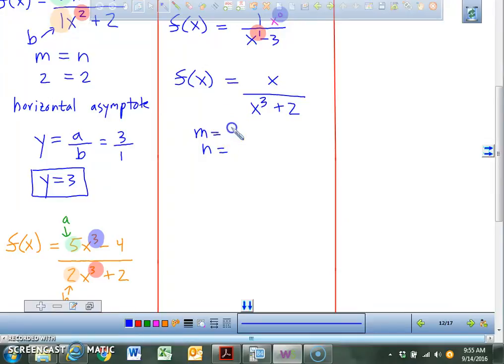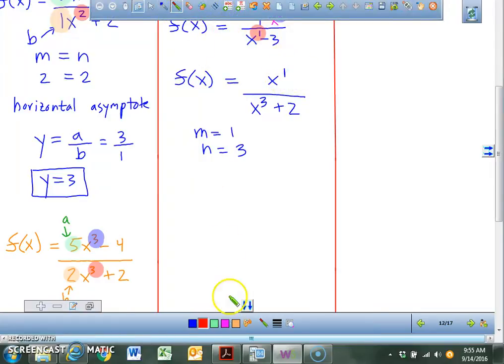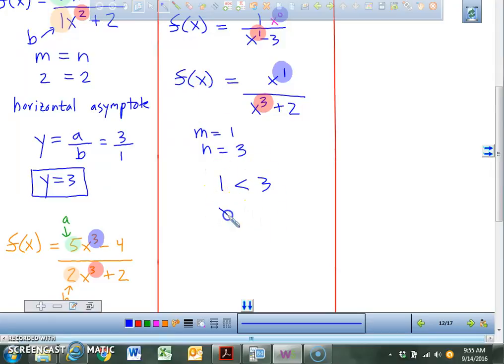Your n value is 3. Your m value is 1. Very good. Notice you can't see it, but there's a 1 right there. I'm going to highlight it. Your m value is a 1, and your n value is a 3, which means 1 is definitely less than 3. So once again, your horizontal asymptote is at y equals 0.